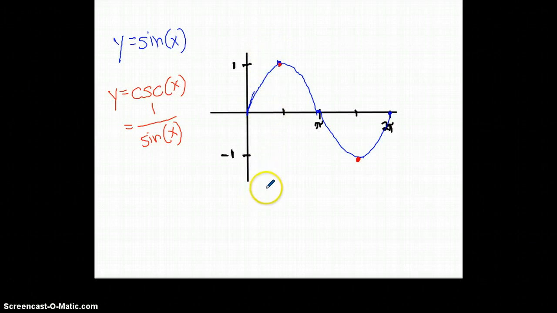So I'm going to draw a vertical asymptote here. Same thing here. 1 over 0 does not exist, so I'm going to draw a vertical asymptote here. 2 pi again.